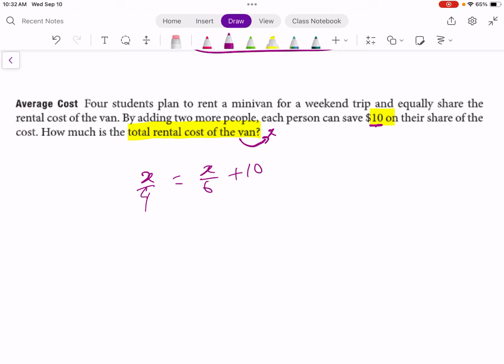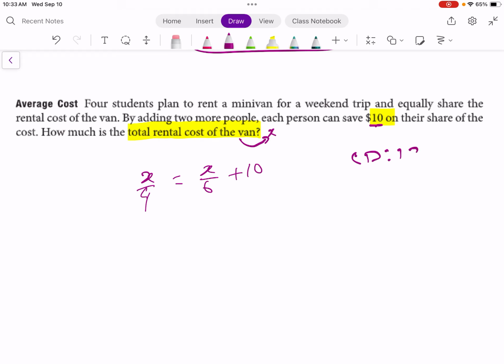We find the common denominator, meaning a number which is divisible by each denominator. Can you think of a number which is divisible by 4 and 6? 24. Do we have a smaller number? 12. Always try to pick the smallest one, so 12 is the common denominator.